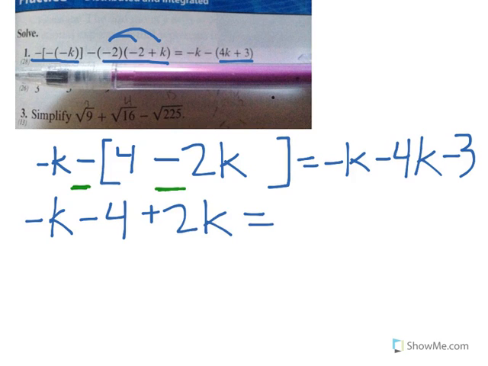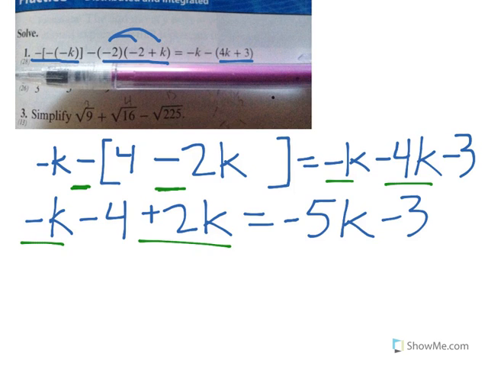Okay, now let's look at the right side. Well, I've got some like terms here. So minus 1k minus 4k. It's going to be minus 5k minus 3. So the right side's looking okay. Left side, okay, now I've gotten rid of all the parentheses. Now I can start to look at these like terms.